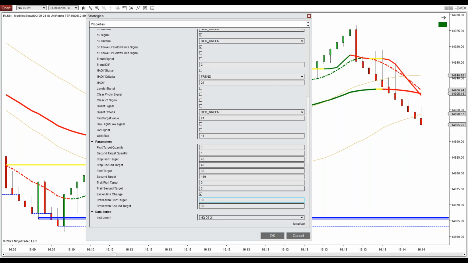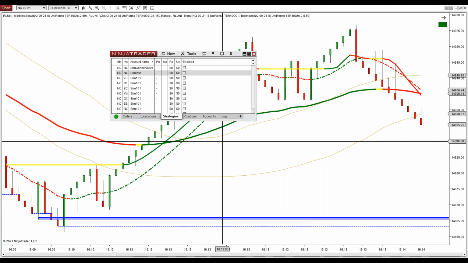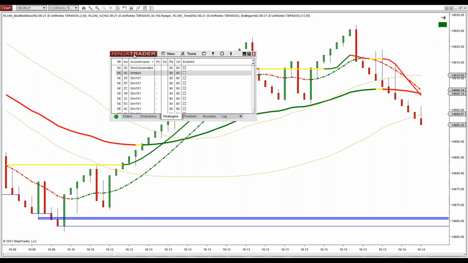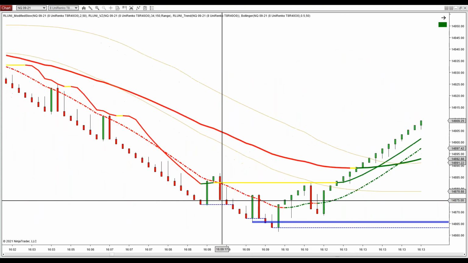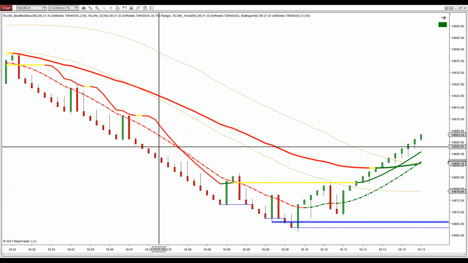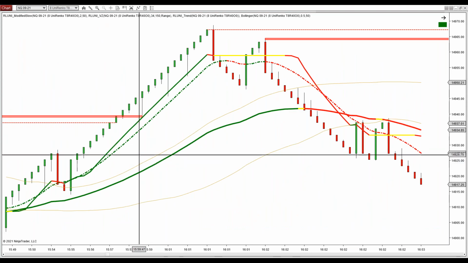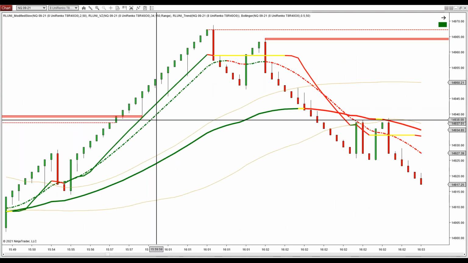So while the conservative system looks at almost every indicator we have, the aggressive system is only looking at that 15/50 difference right here. 2 ticks.